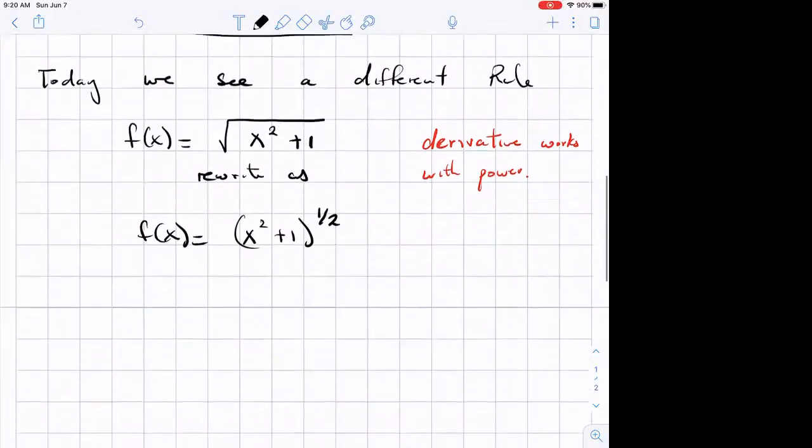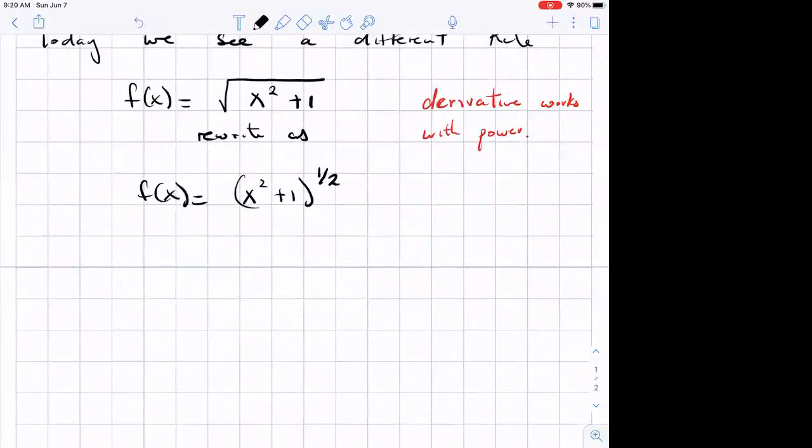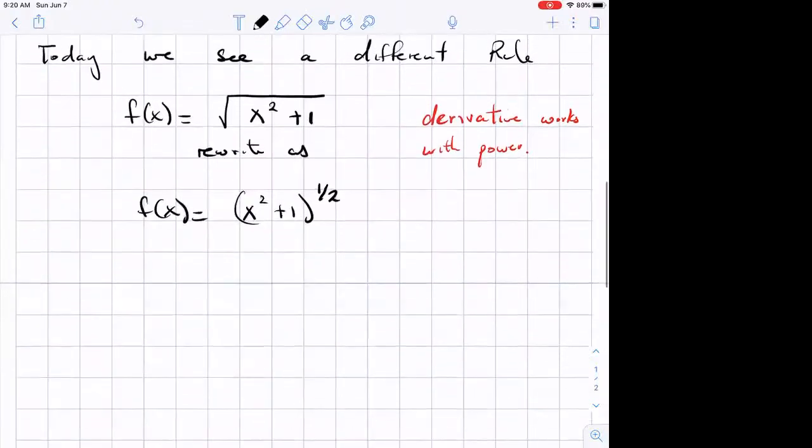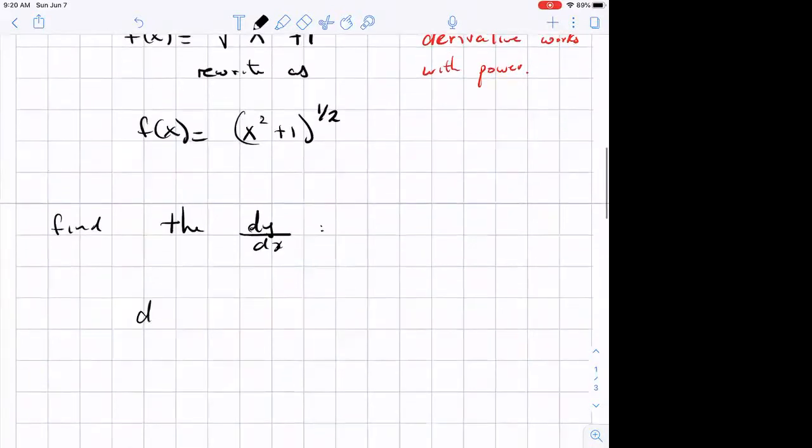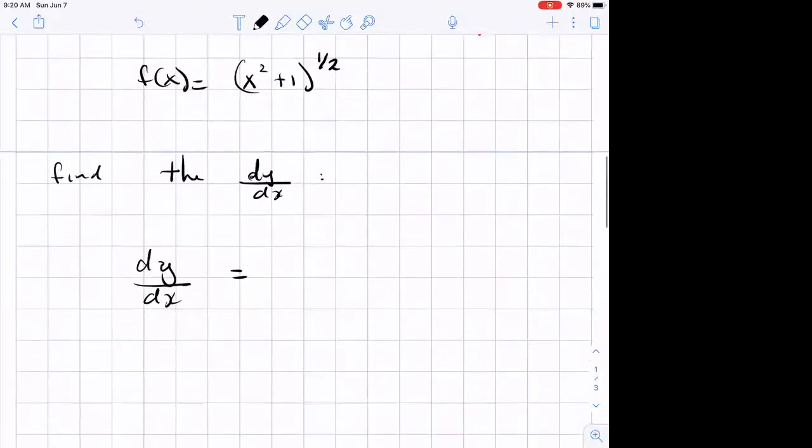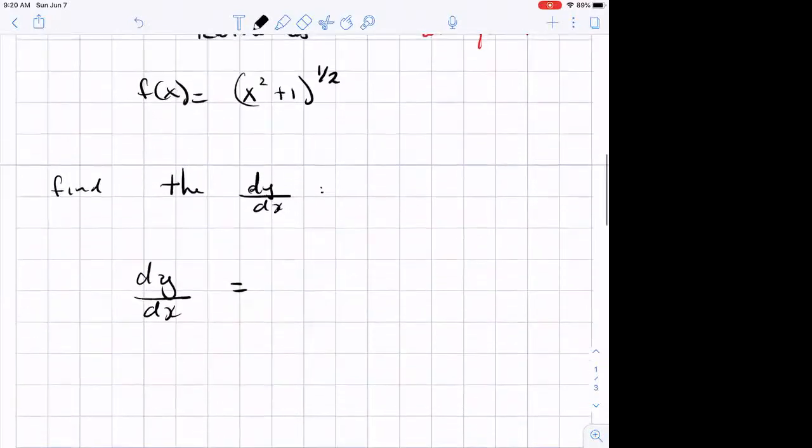Okay? And now we can find the derivative, or dy/dx. So we can say dy/dx is equal to, now be careful, the power here is 1/2, so it becomes 1/2 times x squared plus 1. And remember, we always subtract 1, right?